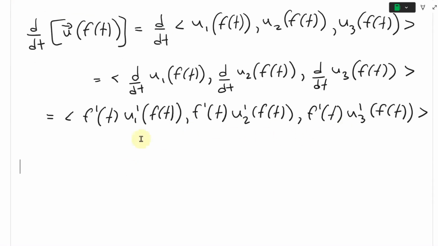And here, I just shifted it over to this side to fit, and now this is pretty straightforward. We have the f prime of t, that's not a constant, but a common factor.